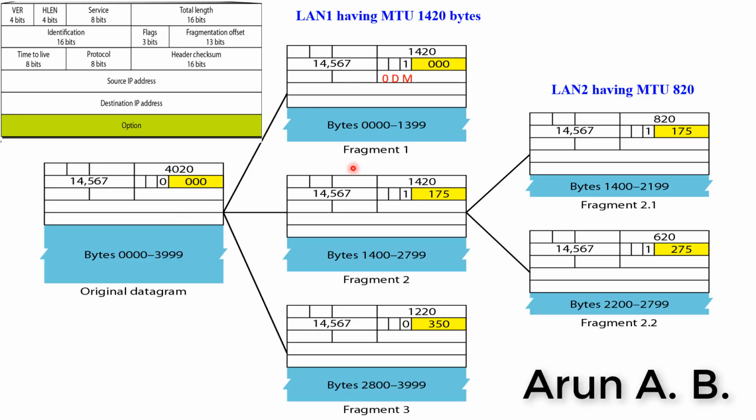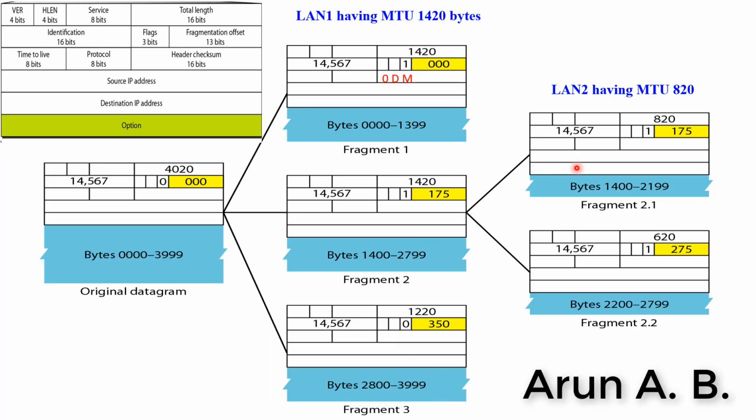Further, when it was divided into 3 packets, the very first packet will have more fragment equal to 1. This indicates that this is not the only packet, it has a few more sub packets which will combine together to make the big packet. Again you can see here more fragments is 1, but for the last it is 0, because it is the last packet of these 3 subdivisions and no more packets will be part of this one.